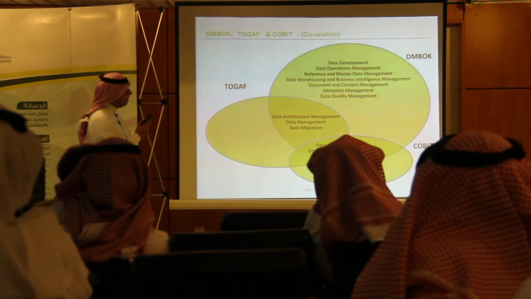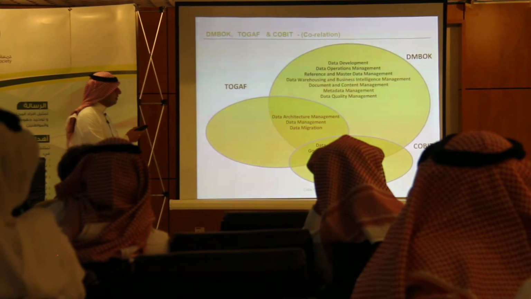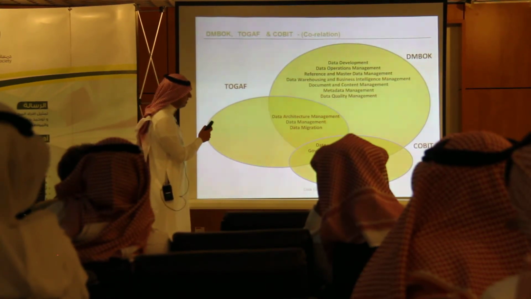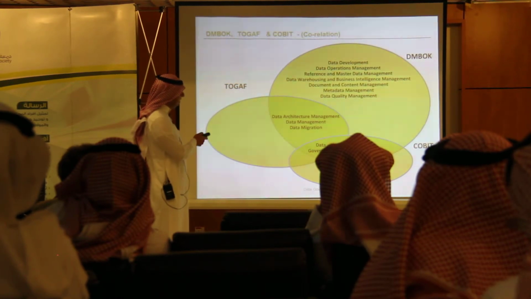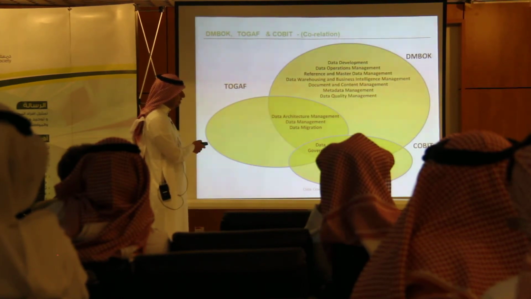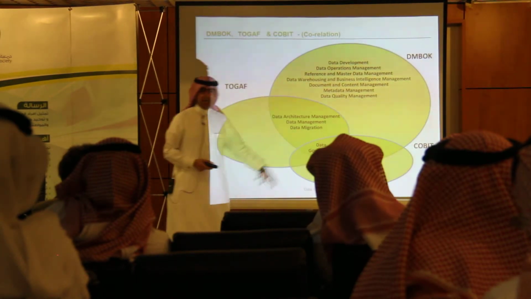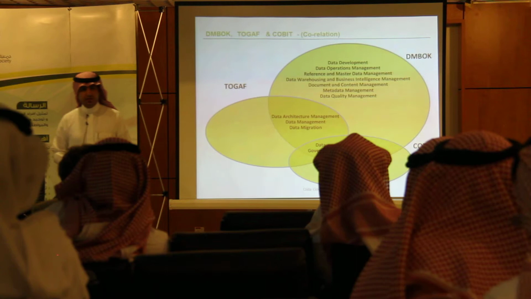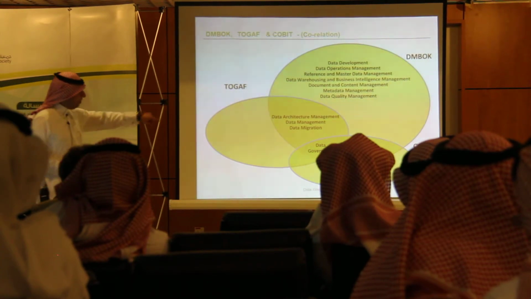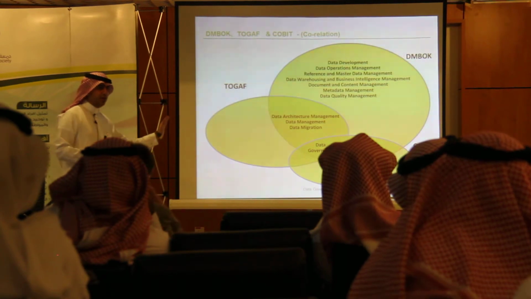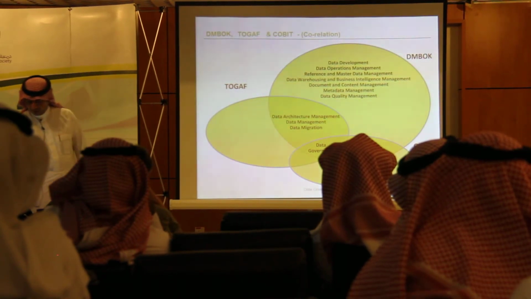In DMBOK, we know that it has data development, data operations management, reference and master data management, data warehousing, document management, etc. We have in charge data architecture management and migration. And in COBIT, we have the data security. So data governance is the intersection of all three frameworks, where you have all these being listed on the slide. Use it, and that will form the data governance for you.